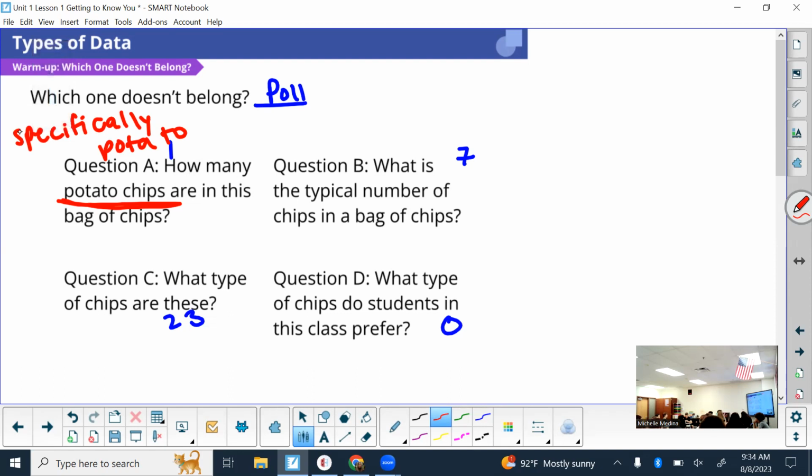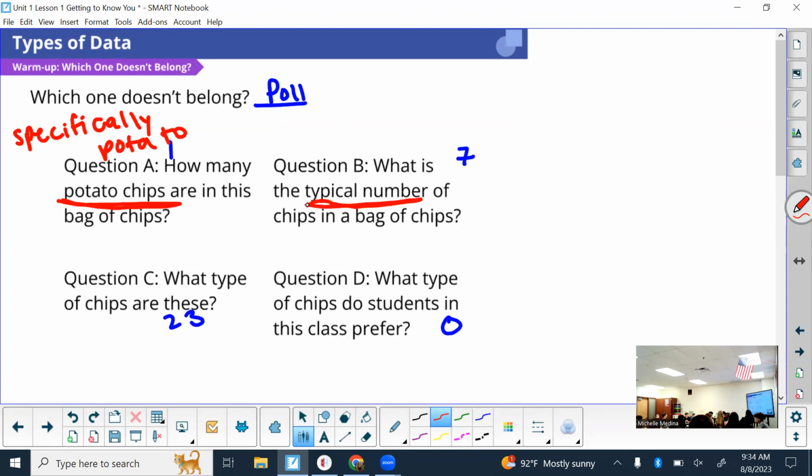Someone tell me why B does not belong. Right, 7 of you said it. Why do we think B does not belong? Or even if you don't think so, come up with something. Yes? Because it's a number of chips in the bag of chips. Okay. So typical number.